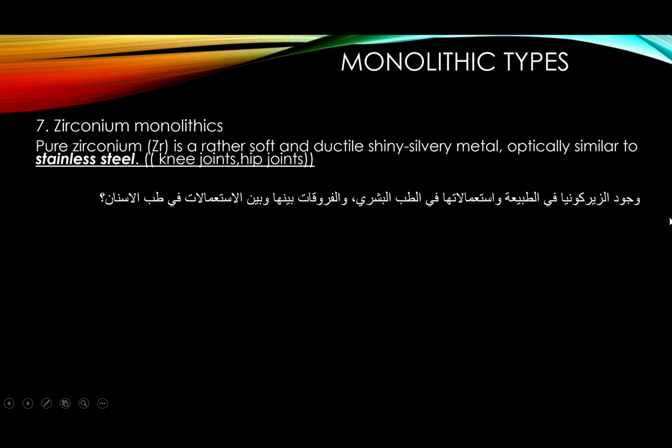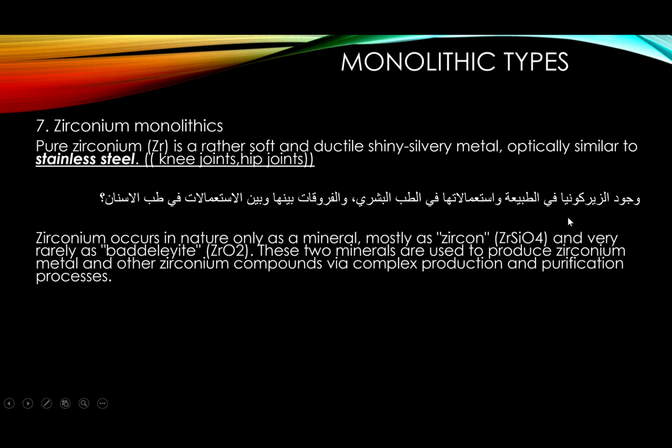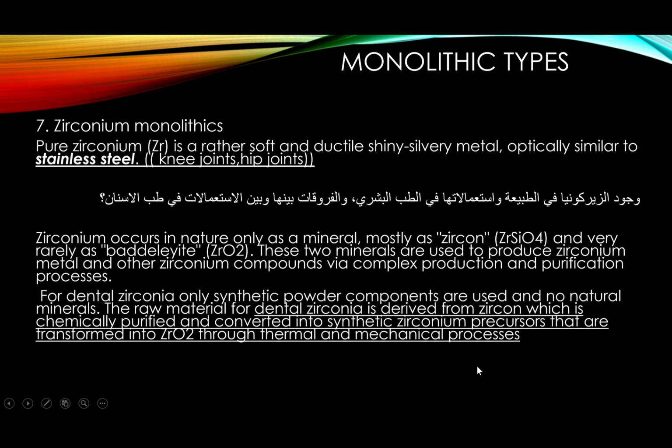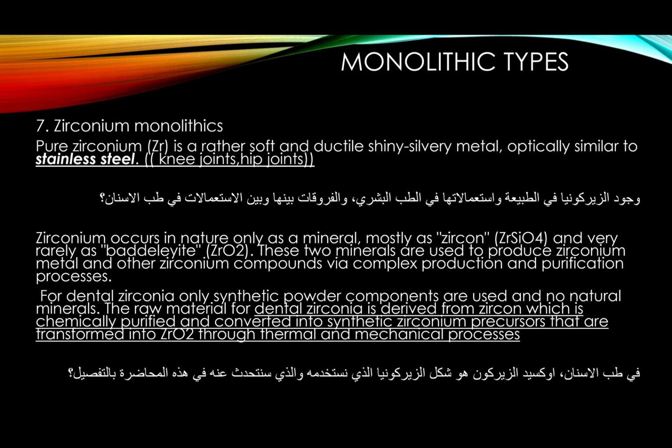Now zirconium has been used, even in orthopedics, as a replacement of the stainless steel knee joint or hip joint or shoulder joint or whatever. Like I said, we're going to discuss zirconia in these lectures as zirconium oxide, because this is the form that we use in dentistry.